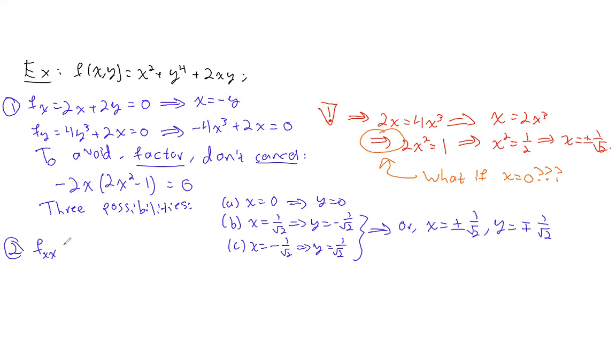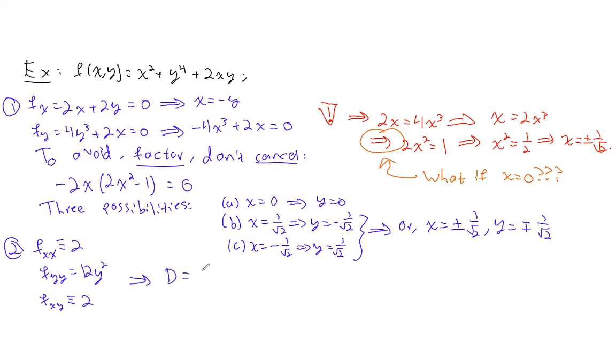So fxx, that's, again, constant. That's 2. Fyy becomes 12y squared. Fxy, in this case, is again constant, and that becomes 2.